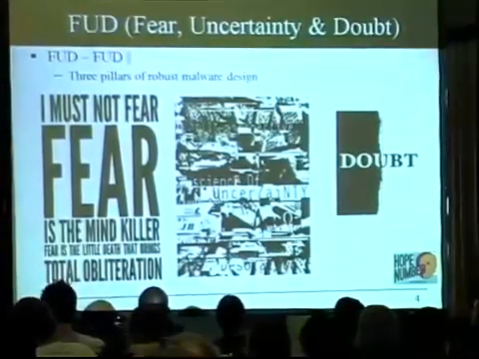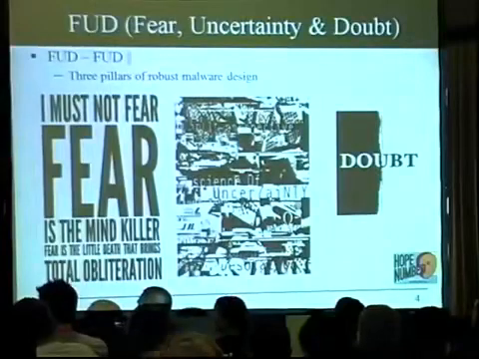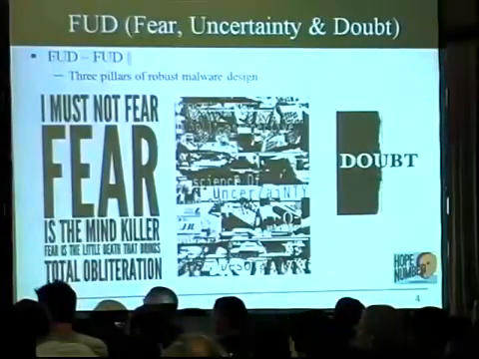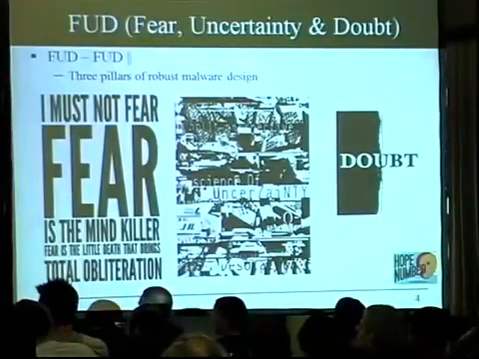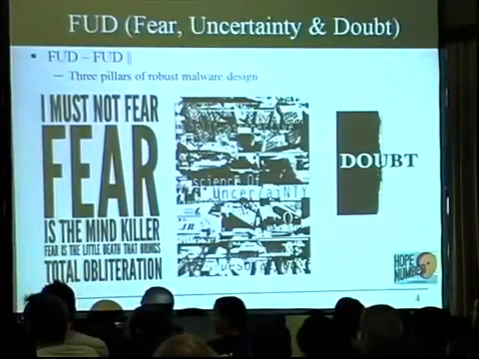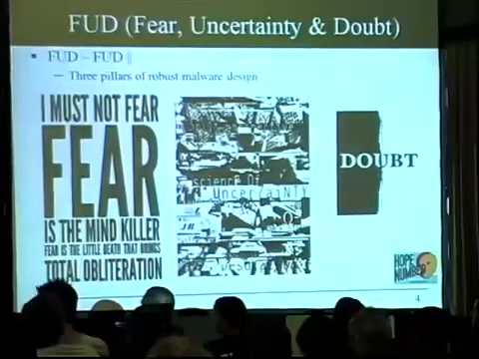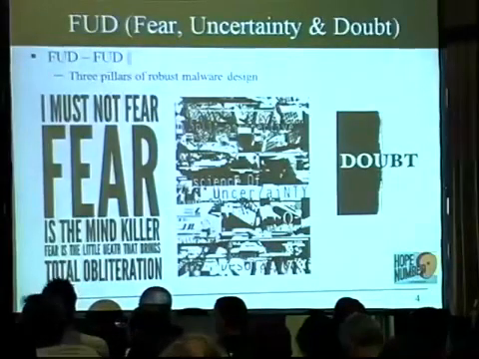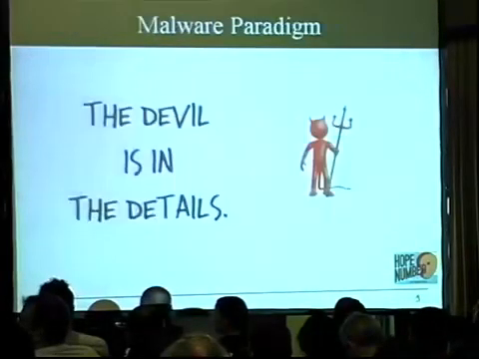Users are having fear, paranoia: I don't want to open that website, I don't want to click that link. And there comes uncertainty: what will happen if I click that link, if I go to that website, if I use this software, if I run this applet? And the doubt: you don't know what is going to happen in your system. All these things, which we call FUD, work pretty well from the malware perspective.